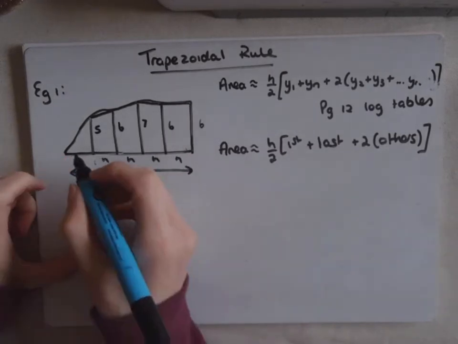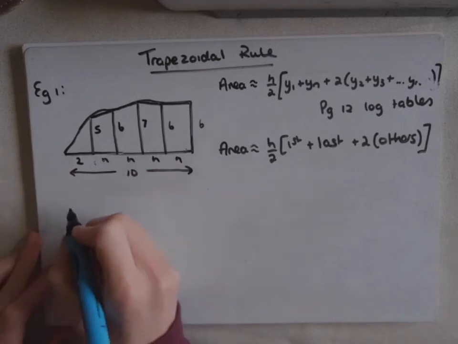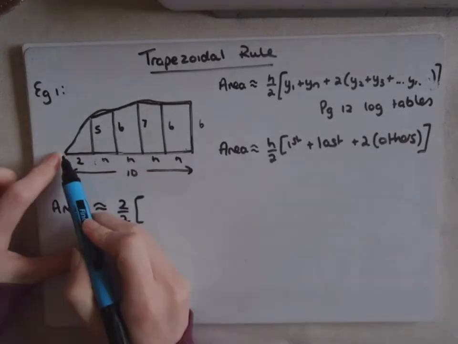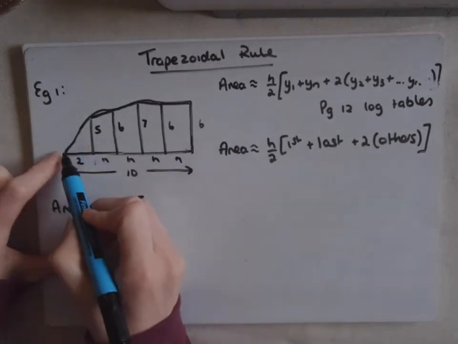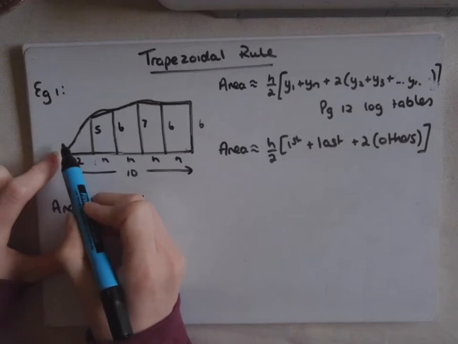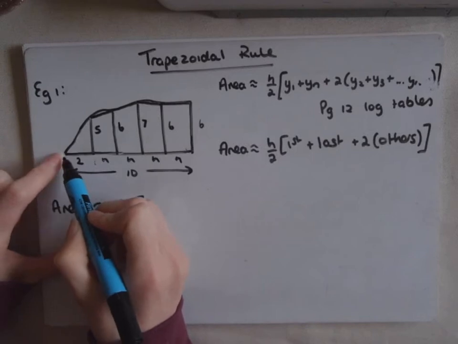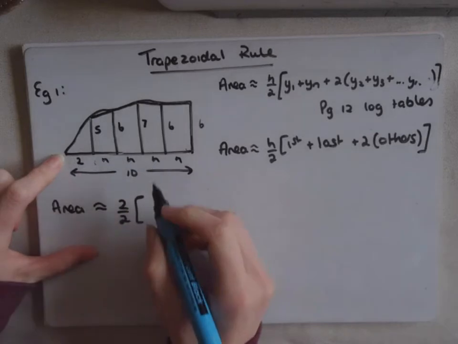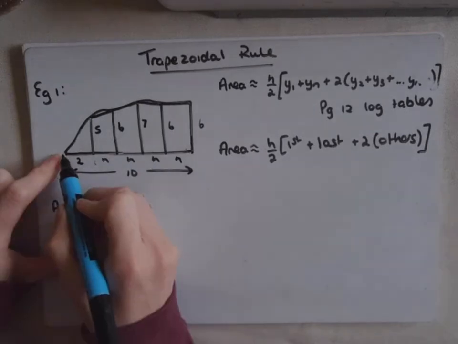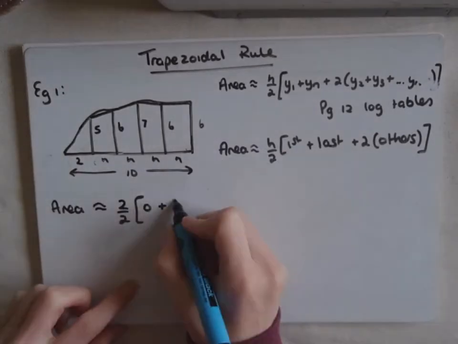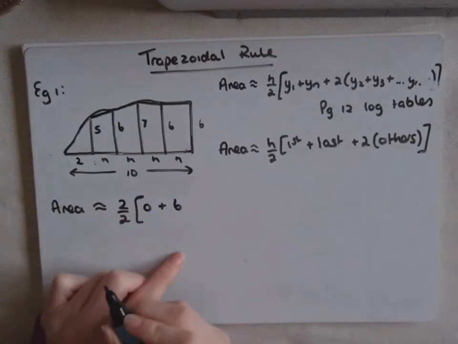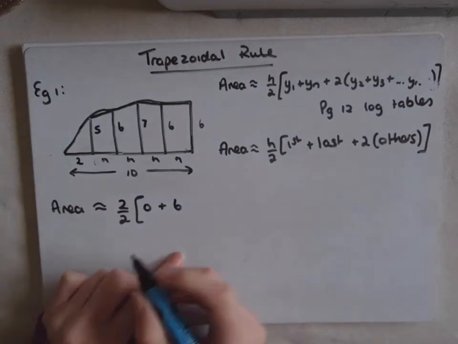My area of this shape is h over 2, so 2 over 2. The first height is the first thing here. If this is a straight line, then it has a height, it has a number. If this just starts down here, its height is 0. So first height plus last height. The last height here is a straight line, so it's plus 6, plus 2 times all the other heights.